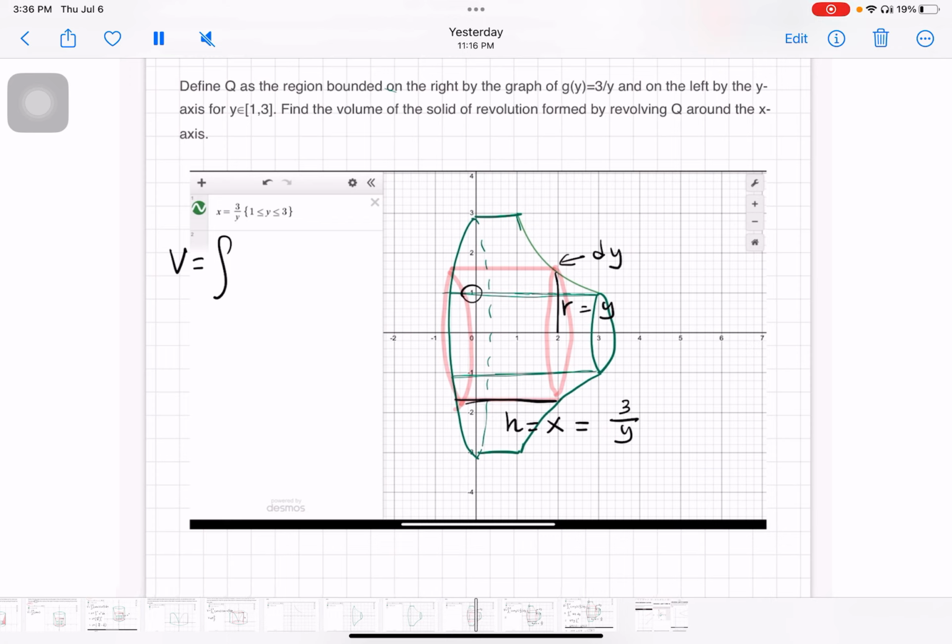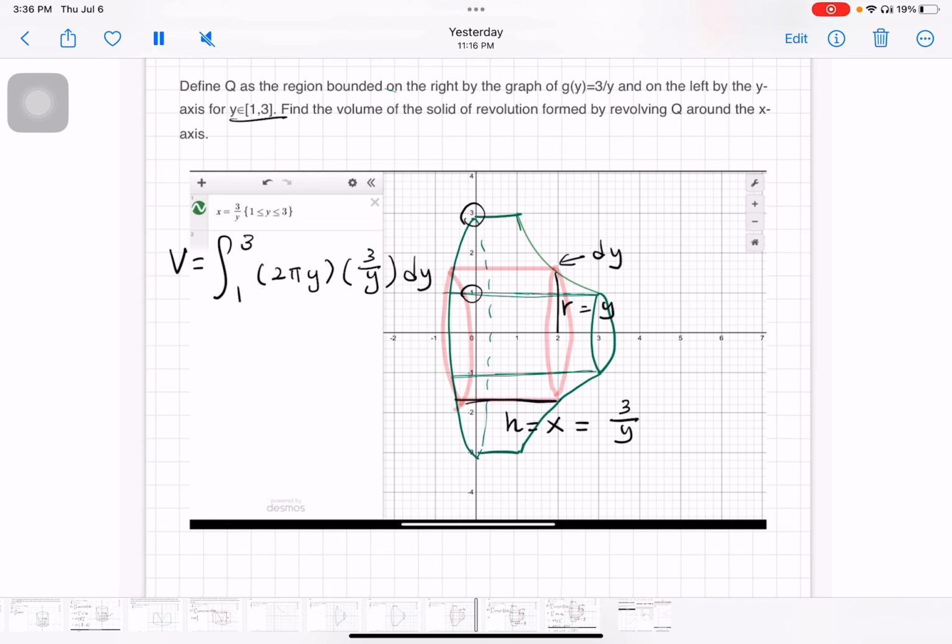Now let's find the integral from 1 to 3 of the y value. The circumference is going to be 2 pi r, in this case 2 pi y, multiplied by the height, dy.